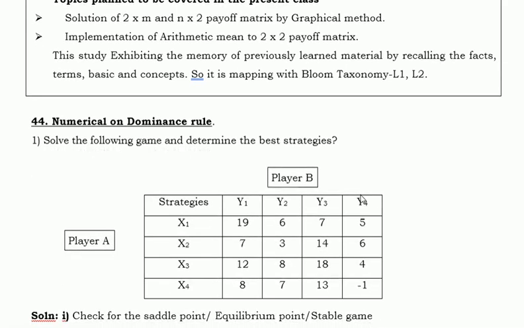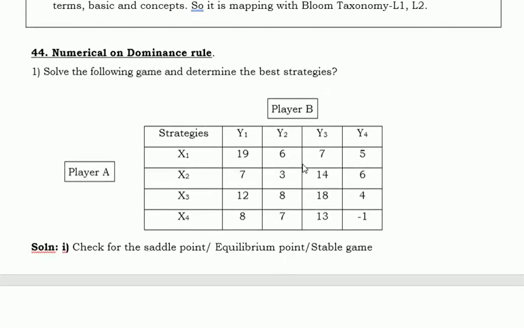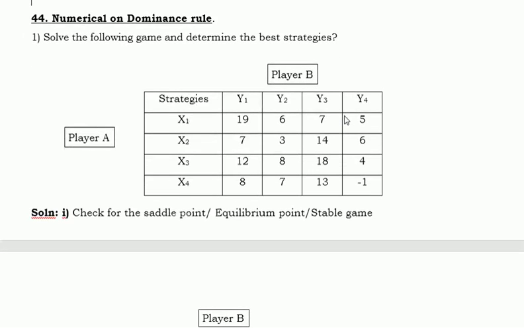Let us see a numerical on a 2 by m or n by 2 payoff matrix and solve it by graphical method. This is the given payoff matrix. There are two players, player A and player B. Player A has 4 strategies, x1, x2, x3 and x4, and player B has 4 strategies, y1, y2, y3 and y4.